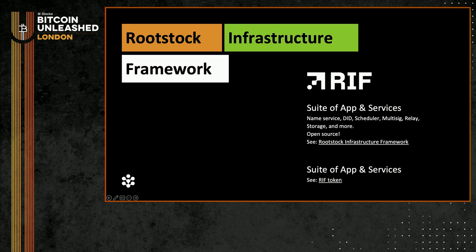It stands for Rootstock Infrastructure Framework. It's both a framework and also a token. It is a suite of applications and services that use the Rootstock blockchain as the backbone, and it's basically a complement for any developer who wants to build on top of Rootstock. And it solves a lot of scenarios for the developer community.